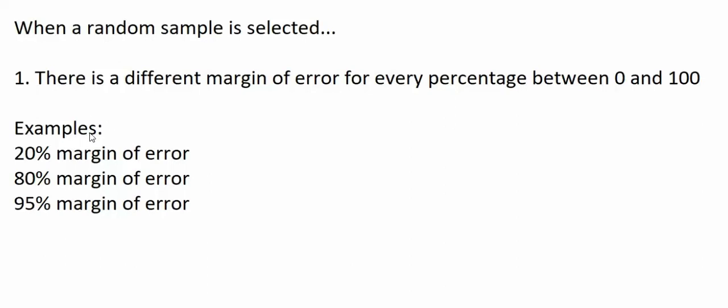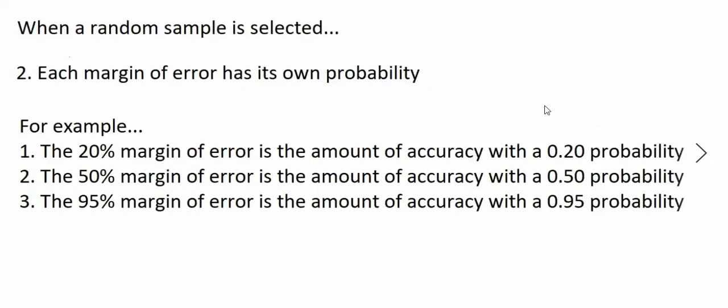And here's a few examples of margins of error. So there's the 20% margin of error, the 80% margin of error, and the 95% margin of error. Those are just three examples that I decided to write out. And when a random sample is selected, each margin of error has its own probability. Just like we saw on the target, each margin of error has a certain probability of being reached. So here's a few examples. The 20% margin of error is the amount of accuracy that has a 0.20 probability. In my target, it was the innermost circle.